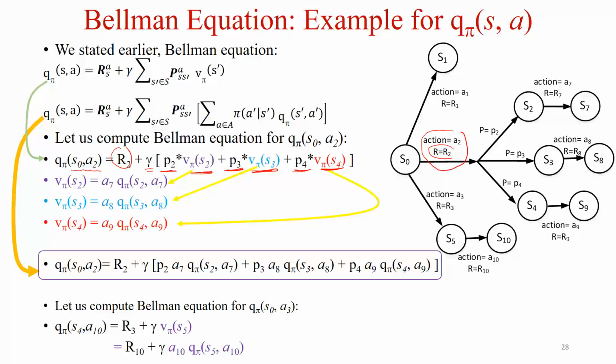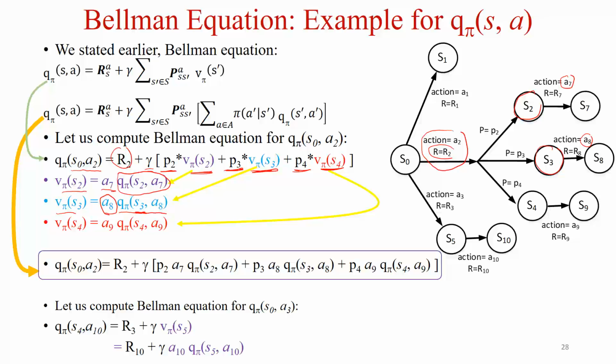Now if we focus on state S2 here, we notice that S2 can be expressed as an action A7 multiplied by the action value of action A7 when leaving state S2. Similarly, if I look at state S3 here, it is equal to action A8 multiplied by the action value of action A8 when leaving state S3.